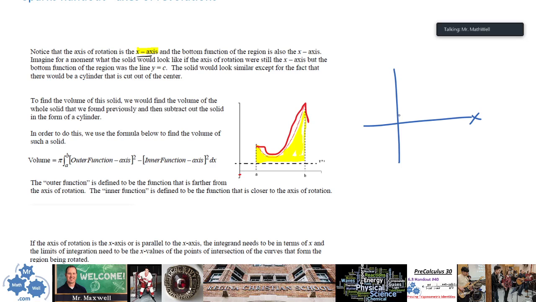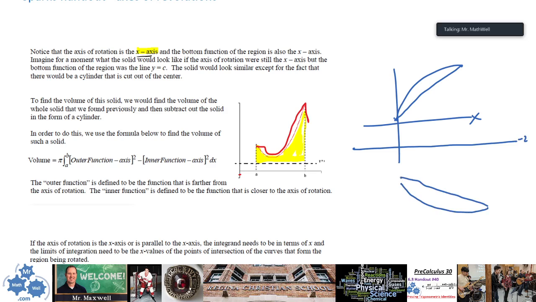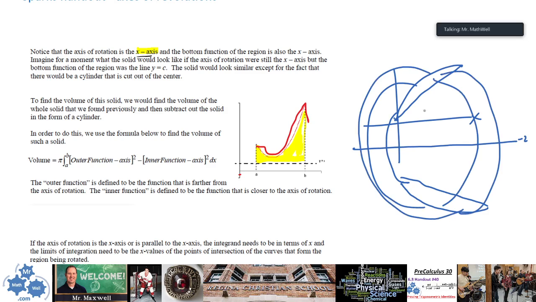But if we have a function, let's say we have this function. If I want to rotate it around the x-axis, it looks something like this, this three-dimensional shape. But if we rotate it around y equals -2 or something, if we rotate it about this axis, then it sort of is like this, and we have this larger thing going on here with a big hole in the middle.